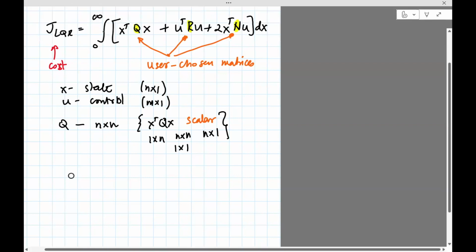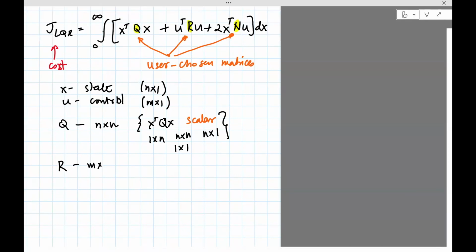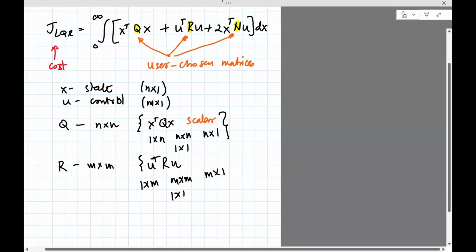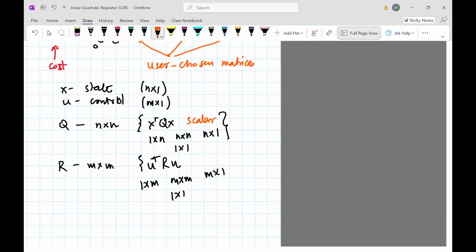Similarly, R will be m cross m, and so when you do U transpose RU, you have 1 cross m, m cross m, and then U is m cross 1. When you take this product, you have 1 cross 1, which is a scalar. So everything has to be a scalar.